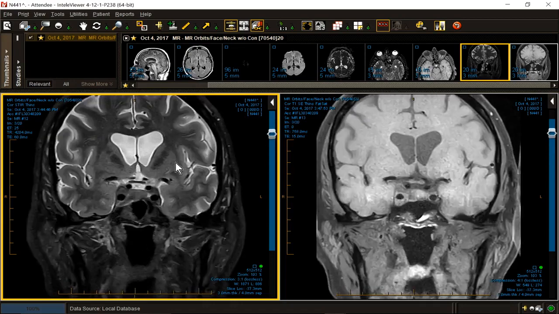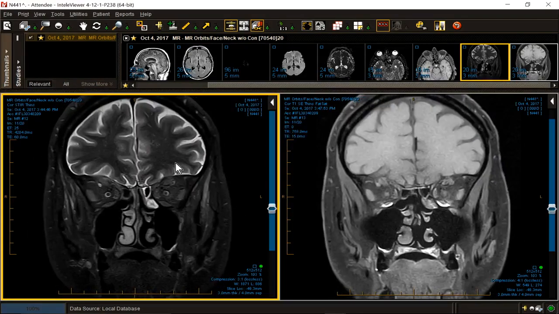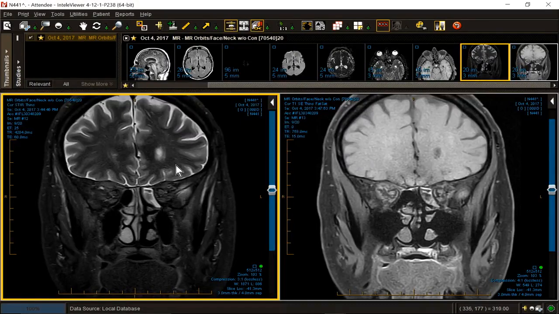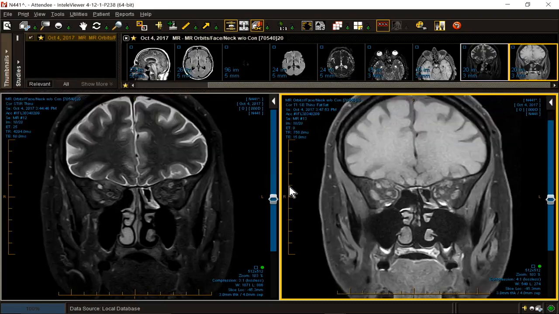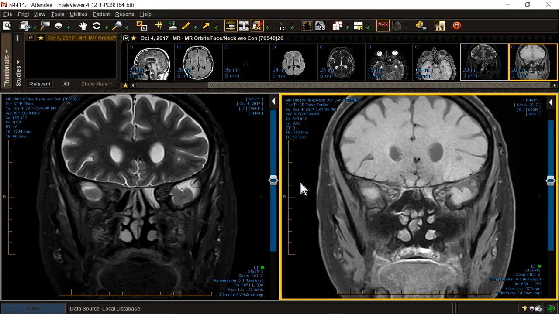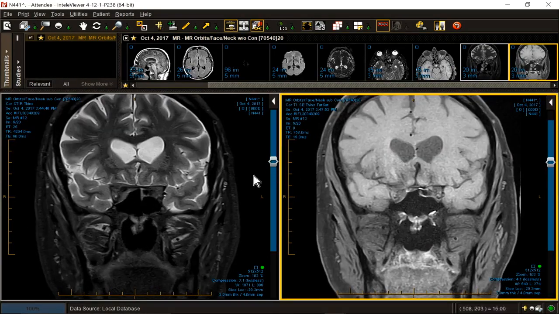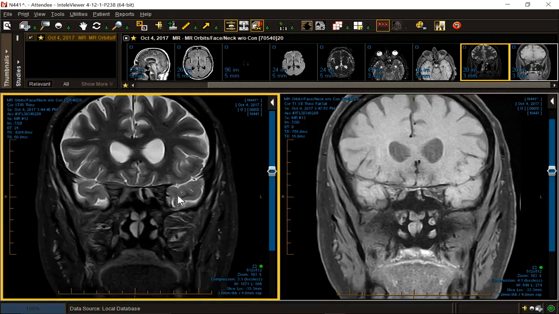It's not so easy. Anybody know what it is? Anybody see it? Compare the sphenoid on the right and the left. It's rather challenging. Look at the bulk on this side compared to the other side.